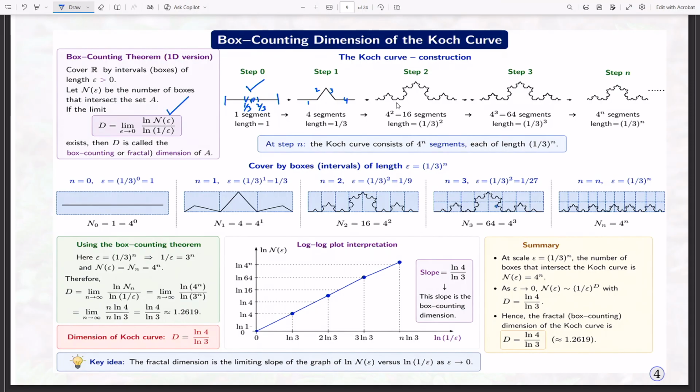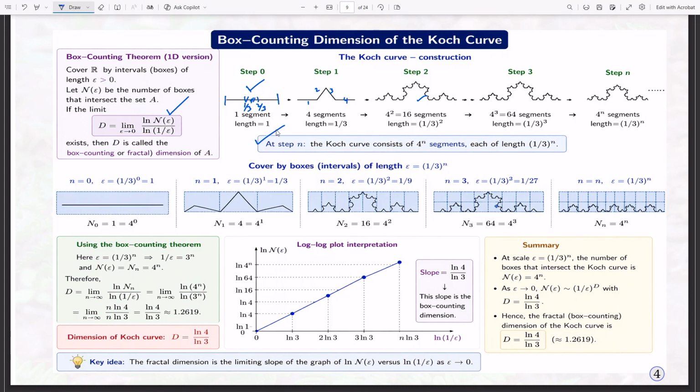In the second step, one can get 4 power 2 segments. After the nth step one can get 4 power n segments of side length 1 by 3 power n. So, this is the von Koch curve construction.